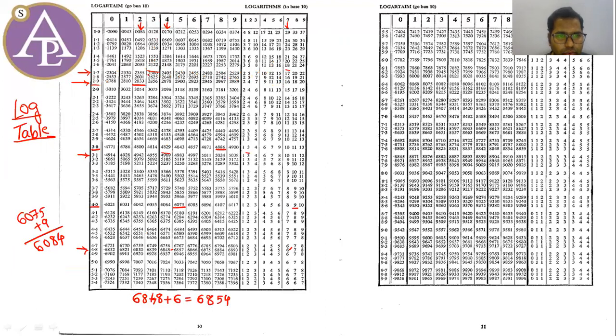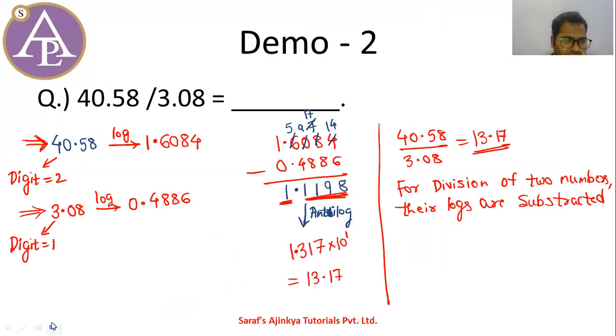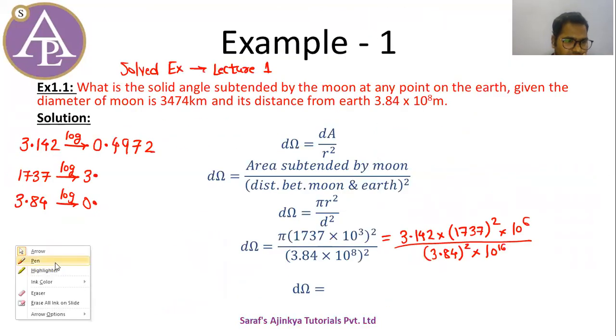So 2380 plus 17. What is 2380 plus 17? It will be 2397.